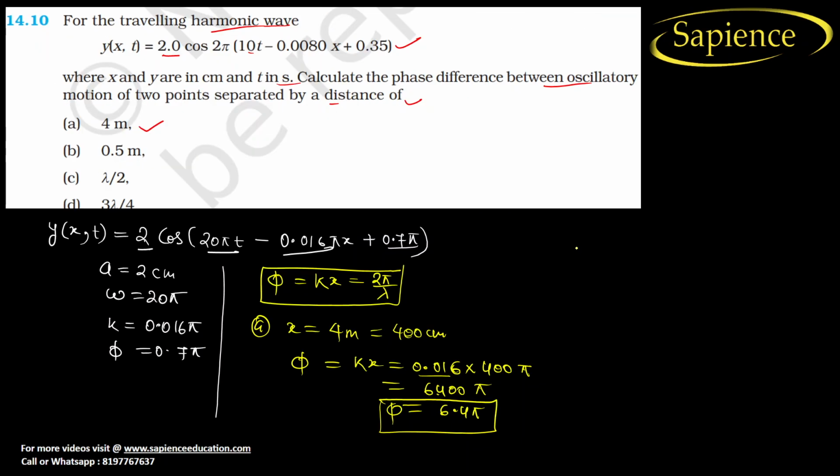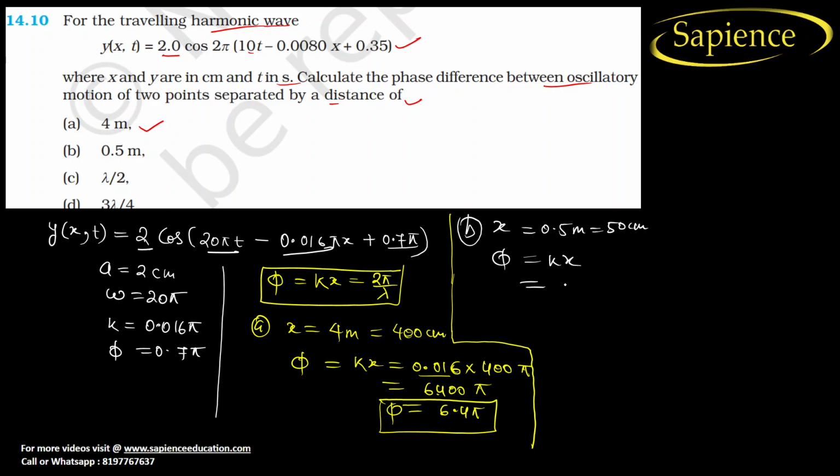Now let us do part B. If we talk about part B, they have given x as equal to 0.5 meter. So this will be 50 centimeter. Now the phase difference will be equal to kx.